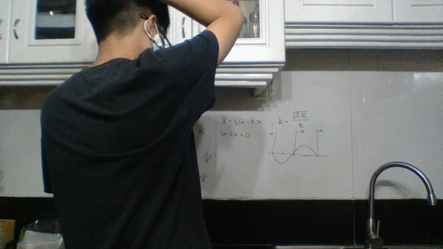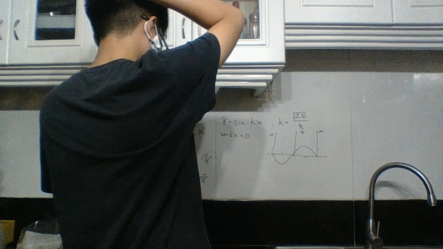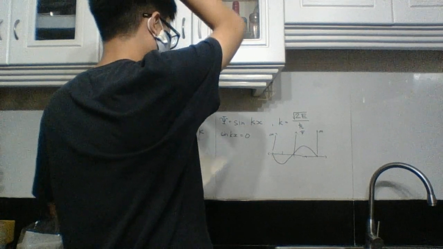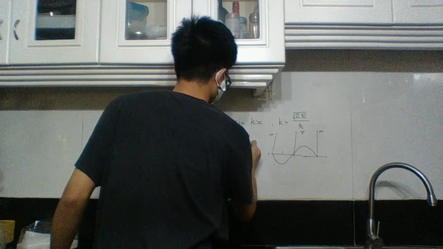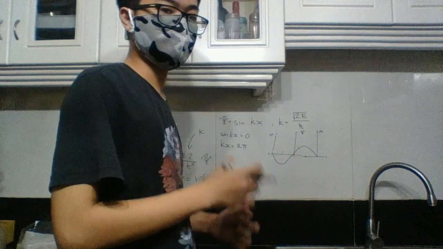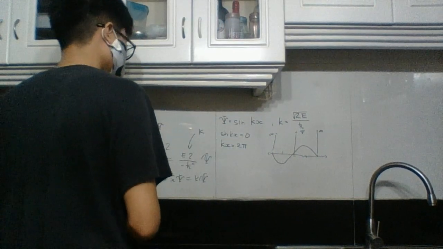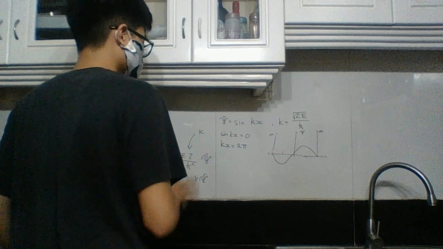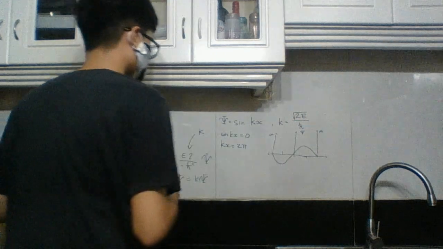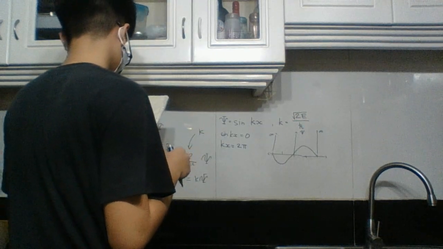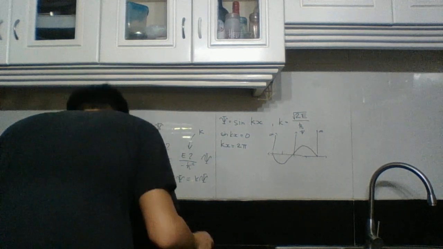And you will notice that kx, of course, is equal to 2 pi, because sine 2 pi radians is 0. But at the same time, you notice that k is actually 2e over h bar. So it sort of becomes like this.